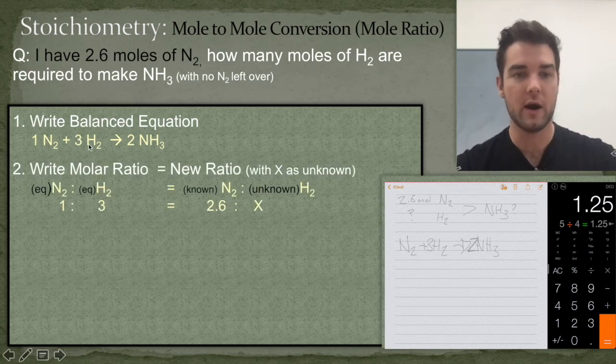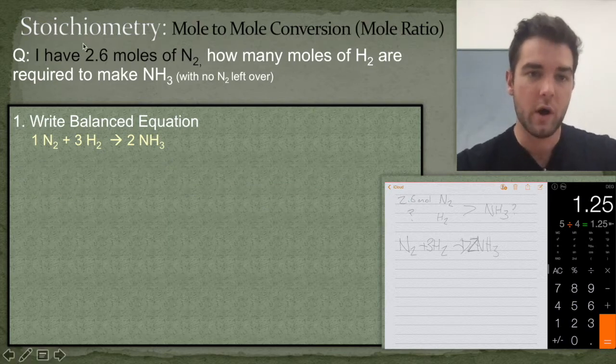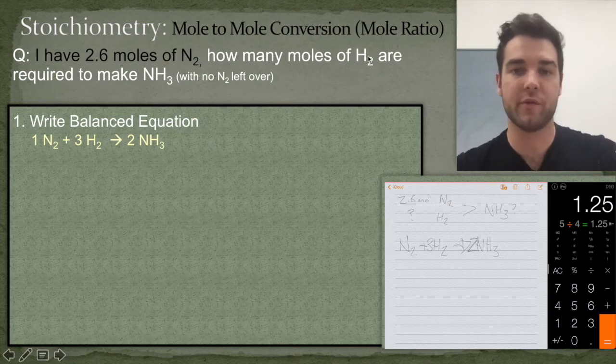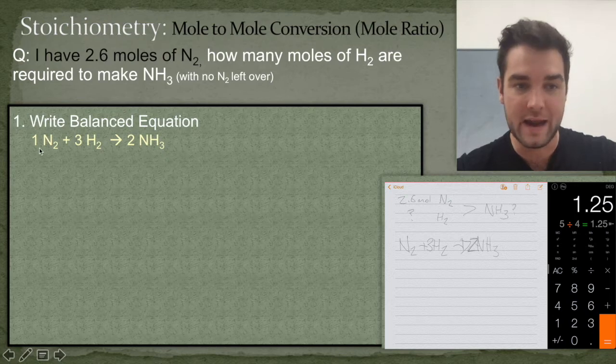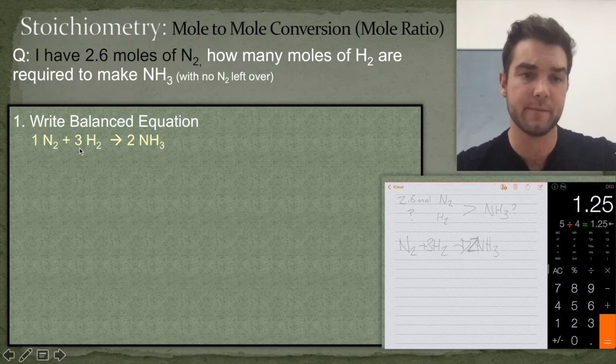Okay, so if the question was, I have 1 mole of nitrogen gas, how many moles of hydrogen gas are required to make NH3? If this wasn't 2.6 but just 1 mole, clearly from my balanced reaction I would need 3 moles of hydrogen gas, because the ratio is 1 is to 3.